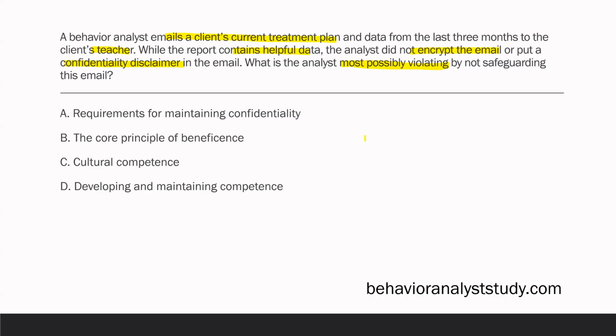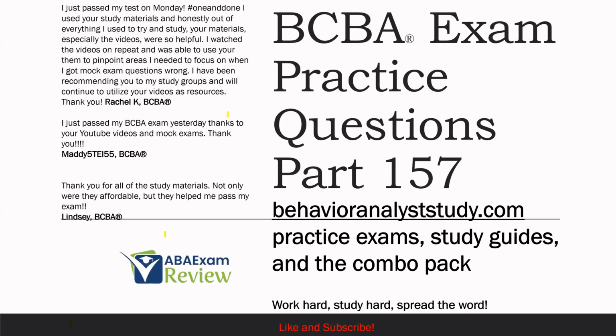So yes, by not maintaining confidentiality, by not understanding how to safeguard our emails, maybe we haven't maintained competence, but it's much more likely we violated the requirements for maintaining confidentiality because we have not taken the extra steps to remain secure. It is your responsibility as an analyst to take those steps.